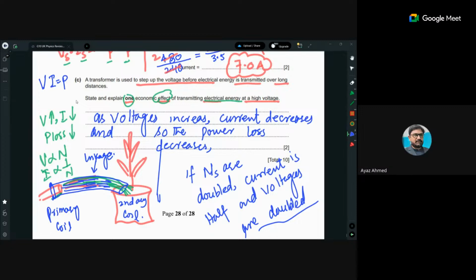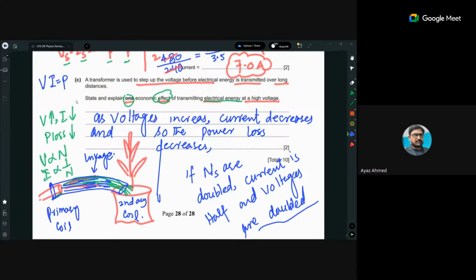I will state all these three factors one by one. Once your voltage is increased, your current will be decreased. And when current is decreased, your power loss will be decreased. When power loss is decreased, definitely you are avoiding the loss.